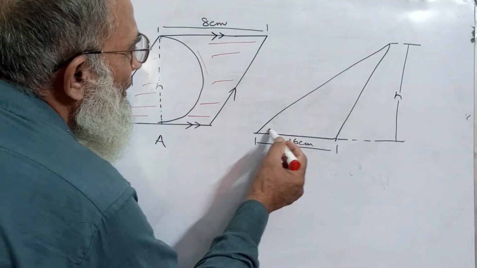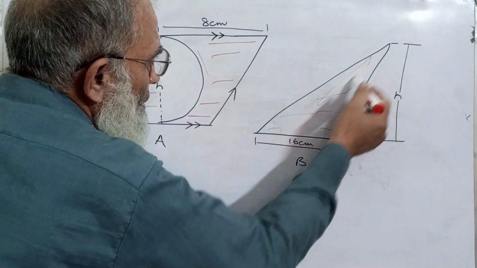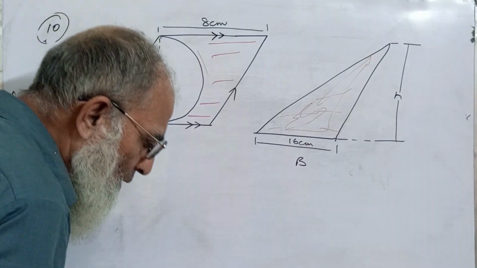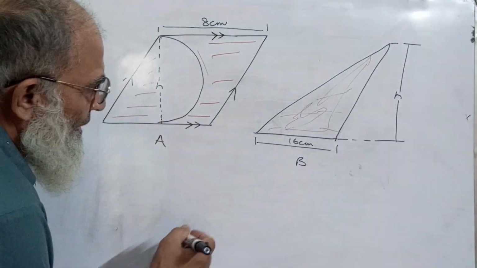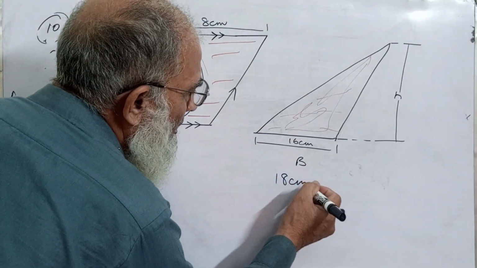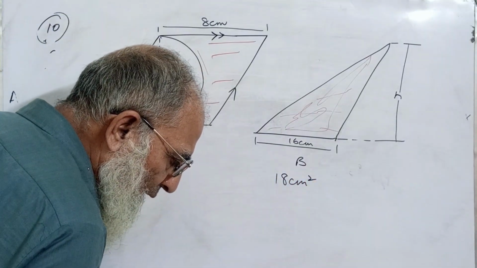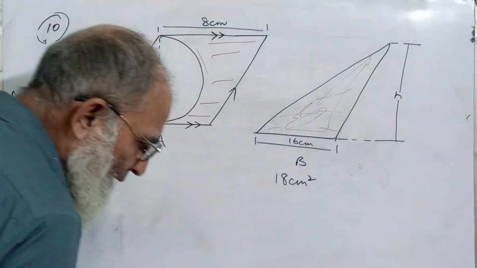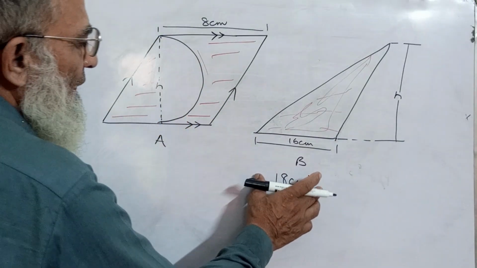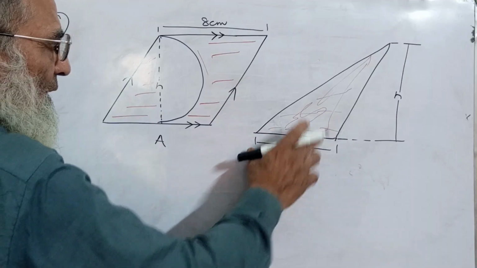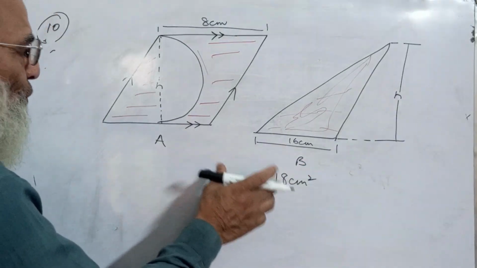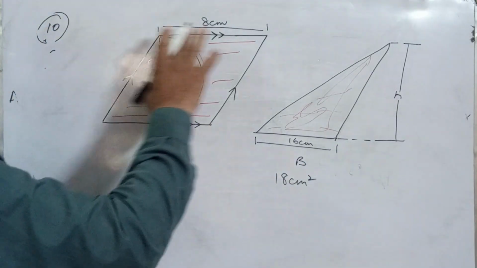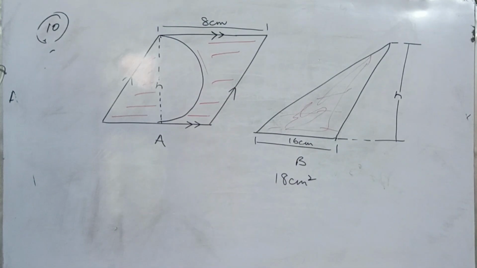Now, the area to be painted is 18 centimeters square more than the area painted on badge A. Now this area to be painted is 18 centimeters square more than what is to be painted on this.